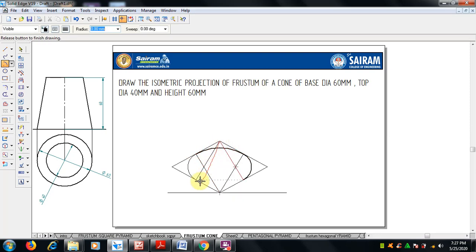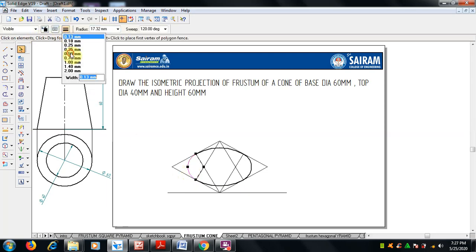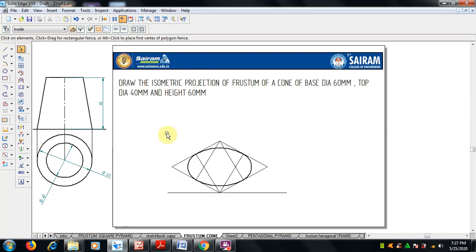Select this as the center point, and this is the radius. Draw the arc 0.5 mm thickness. Now the base is done.